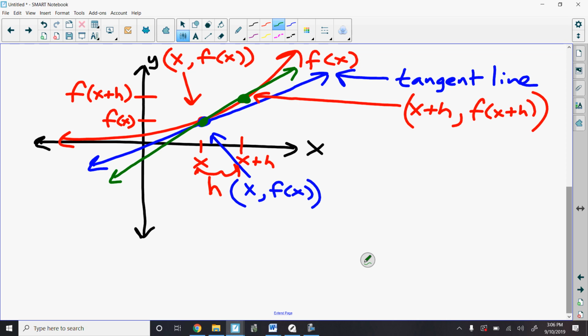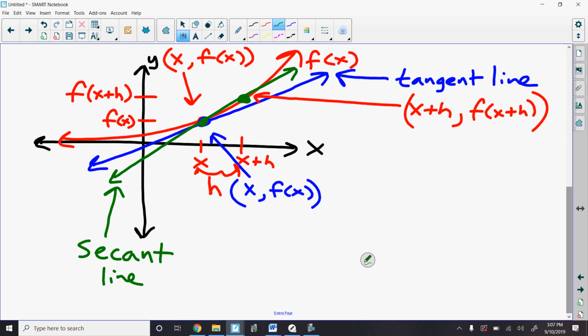That's right, it's called the secant line. Now, we can obviously tell that the secant line slope is not the same as the tangent line slope. The green line slope is different than the blue line slope. But we can also tell that they're pretty close.